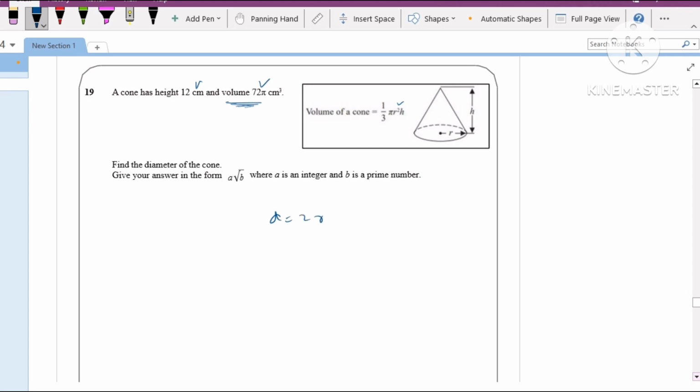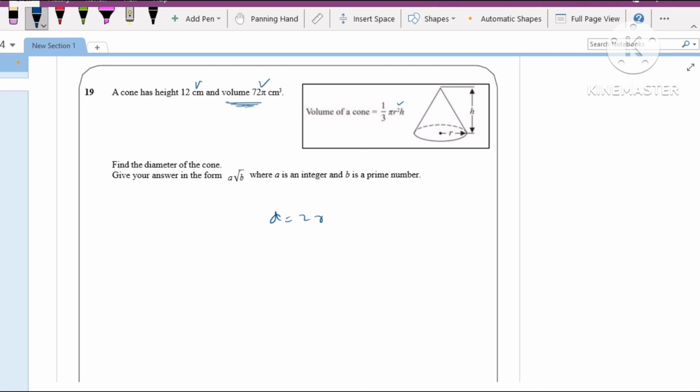So volume is given, so write down the formula. Volume is 72 pi, equal to 1 over 3 pi r square h. Height is given, it is 12. We have to find the radius and double it to make the diameter.